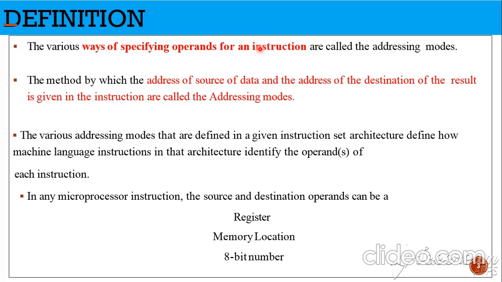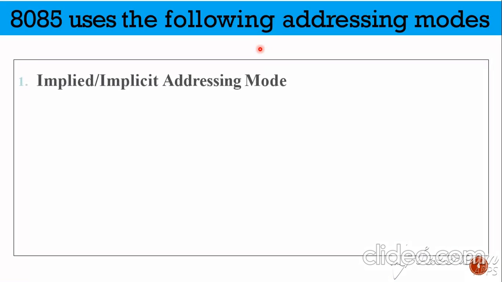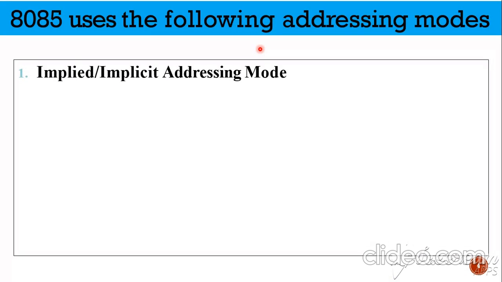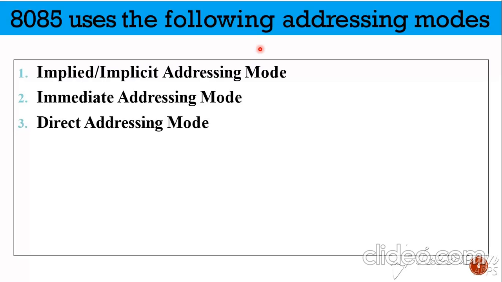So we have seen the different types of addressing modes. They are implied or implicit addressing mode, where the operand will be hidden. Immediate addressing mode, where the data to be operated on will be specified in the instruction itself. Direct addressing mode, where the direct address will be given in the instruction itself.